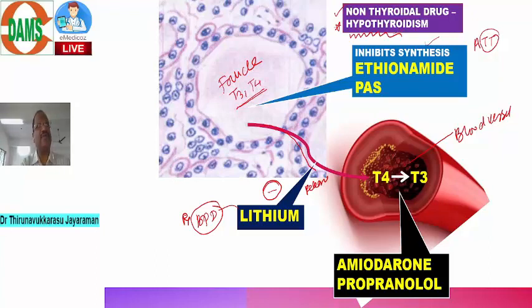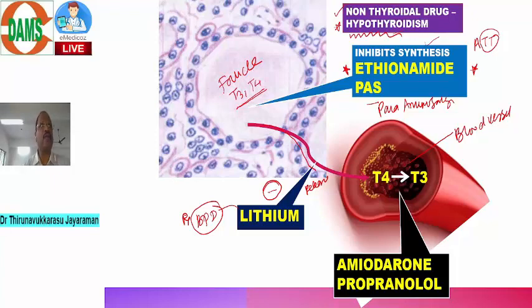The question for AIIMS exam: which of the anti-TB drugs cause hypothyroidism? Answer: ethionamide and PAS, para-aminosalicylate. They will cause the adverse effect of hypothyroidism. Among these, ethionamide is the most important drug causing maximal hypothyroidism.